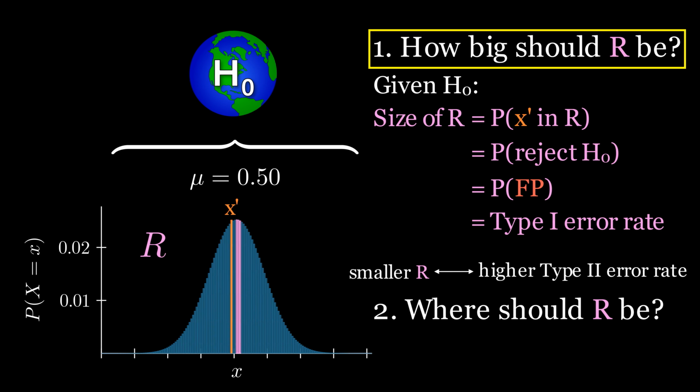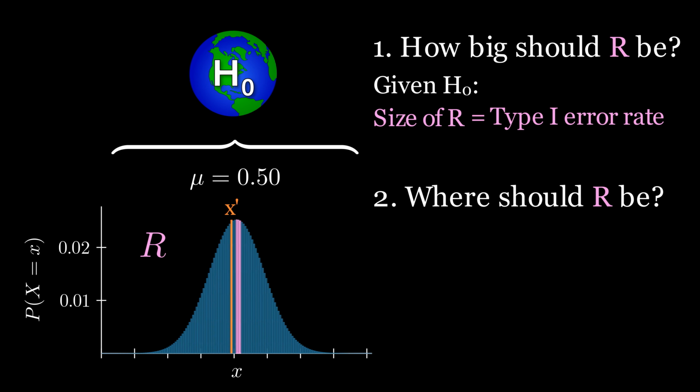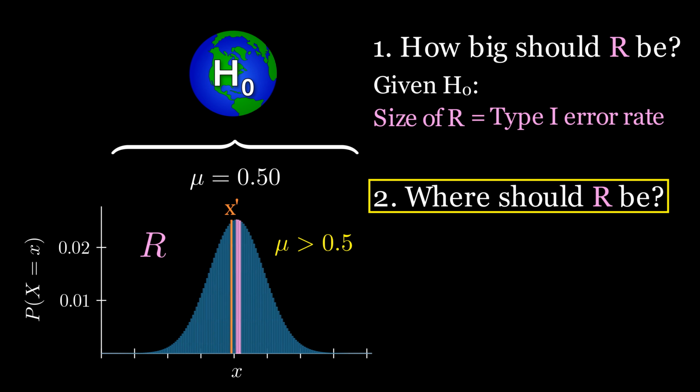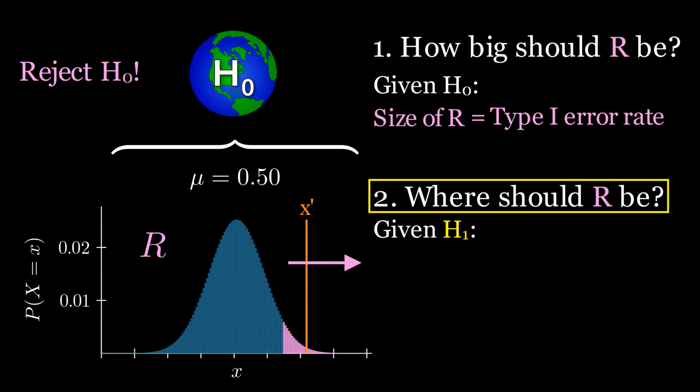To answer our second question, remember that the alternative hypothesis specified that mu was greater than 0.5. So if the alternative hypothesis were true, we'd expect values at the right side of the distribution to occur more frequently than under the null hypothesis. Since we want to reject the null in these cases, we want x prime to be in R, so we should place R as far to the right as possible to maximize the chances of rejecting the null when the alternative is true.